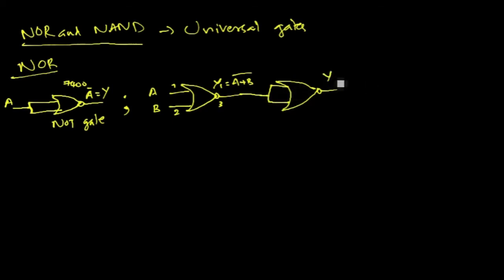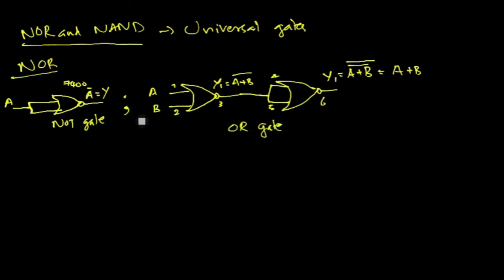The actual input is (A or B) complement, and it is complemented again. The complement of a complement is the same thing itself, so we get A or B. So it gives an OR gate.